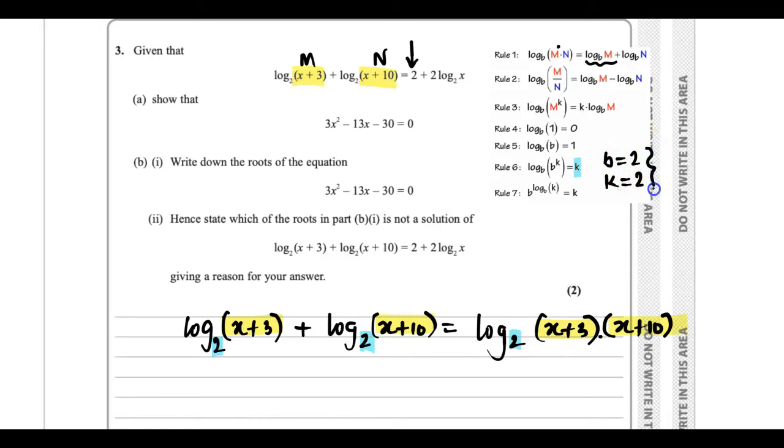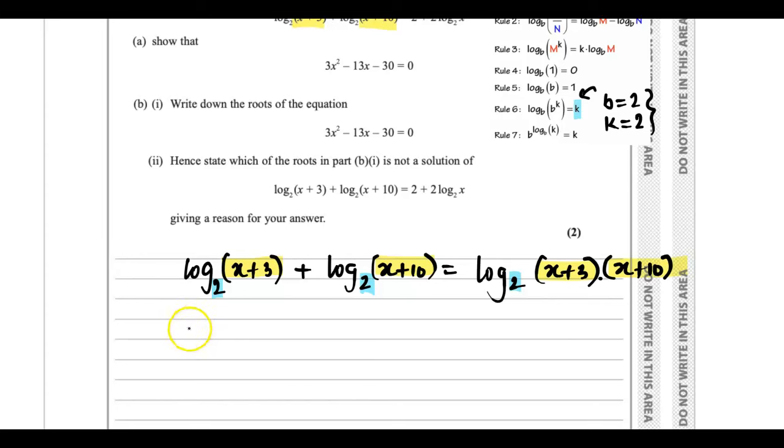Let's substitute these two values here. So 2 can be written as log 2 to the power 2 base 2. Does that make sense? Log b to the power k, when b is 2, k is 2, and the base is again 2. So log 2 to the power 2 base 2. This is how 2 is written.